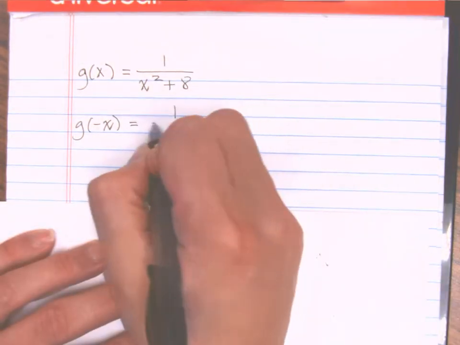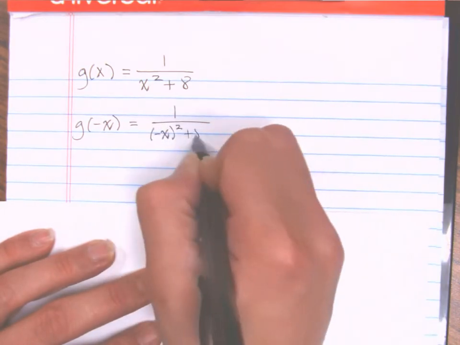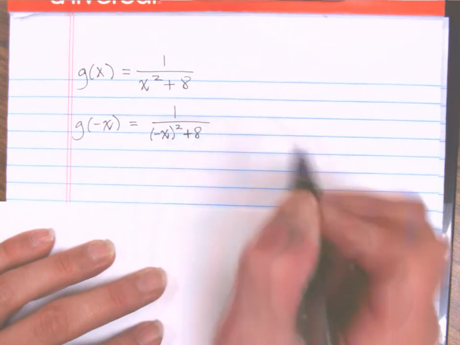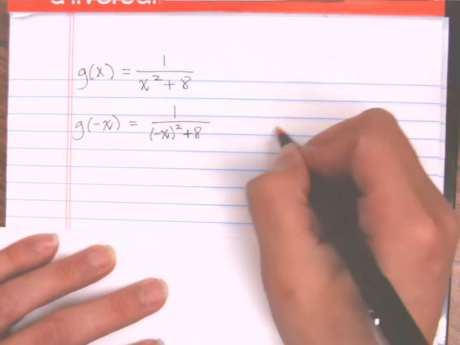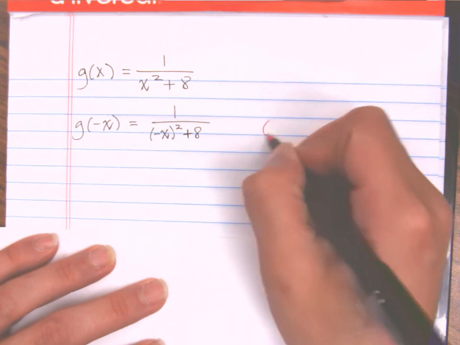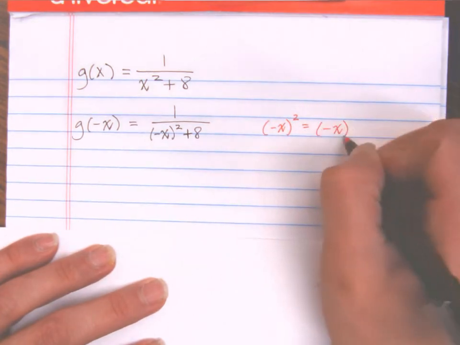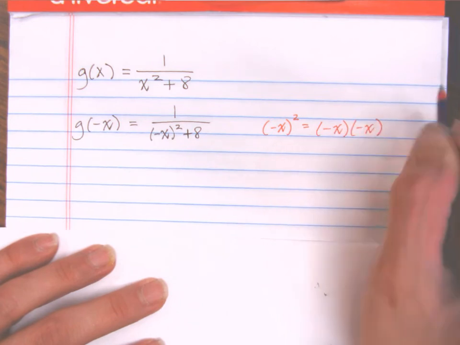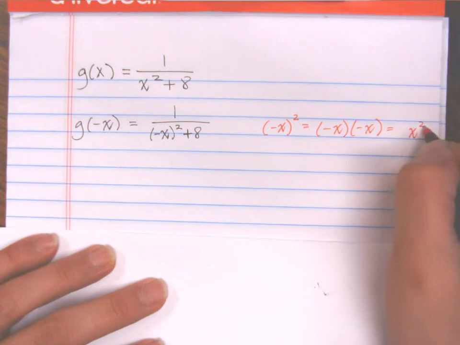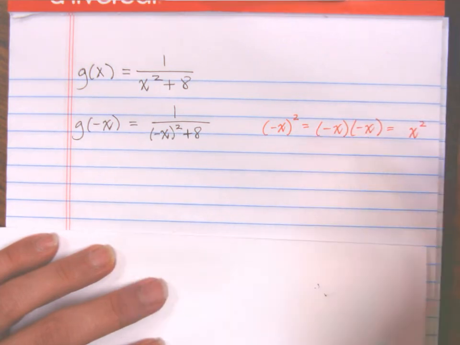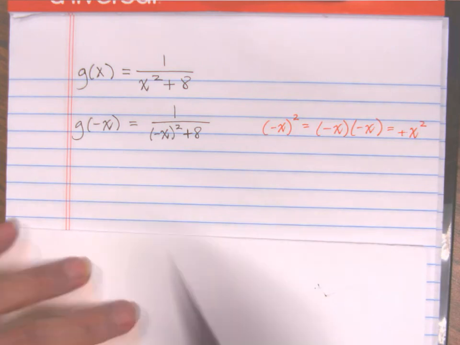So I've got 1 over negative x squared plus 8. And just for my own benefit, remember that negative x squared equals negative x times negative x. So x times x is x squared. Negative times negative is positive. So I'm ending up with positive x squared.